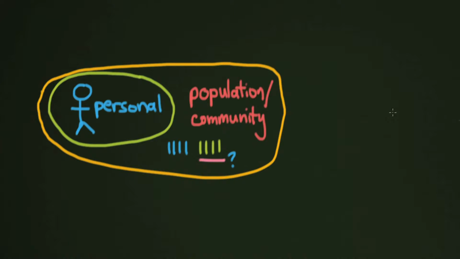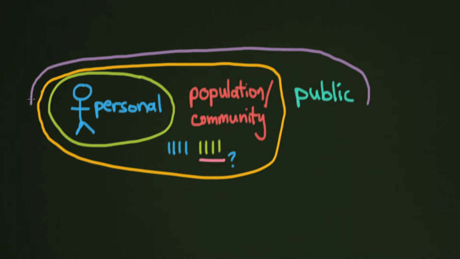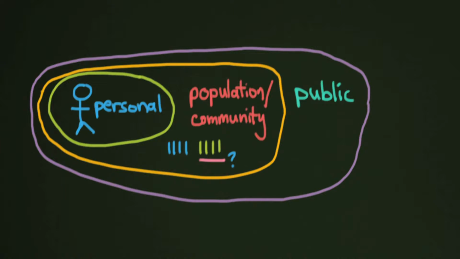And then you've got the public level, and let me find a cool color for public. You've got public health. And public health is an extension, or just a broader term that basically means the same thing as the layer below it, except that it has a lot more to do with things like policy, which we'll probably not be talking about too much in this course, but it definitely has more to do with policy and action.